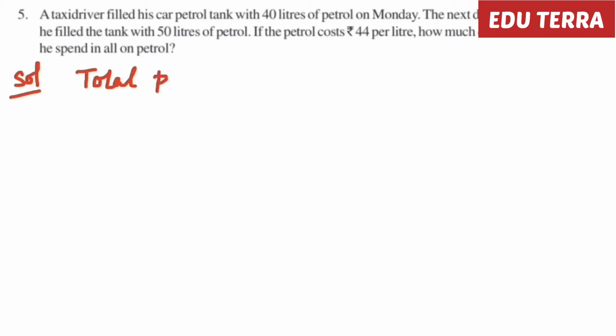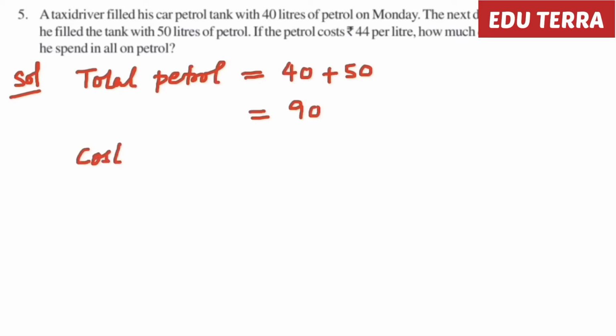So total petrol, it is 40 plus 50, it is equal to 90 liters. So how much did he spend? Cost of petrol, it is given in the question 44 rupees per liter.